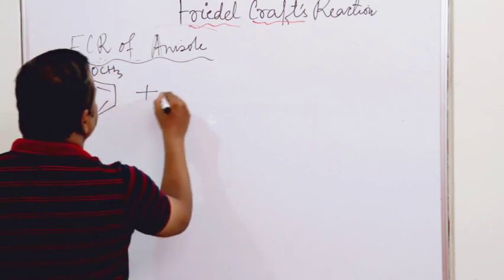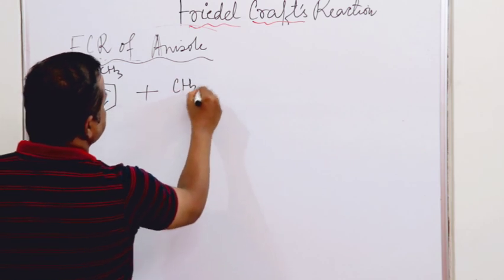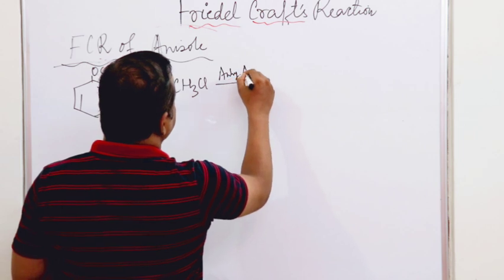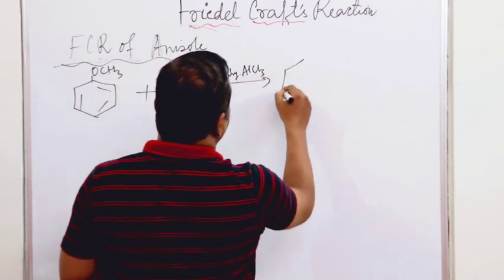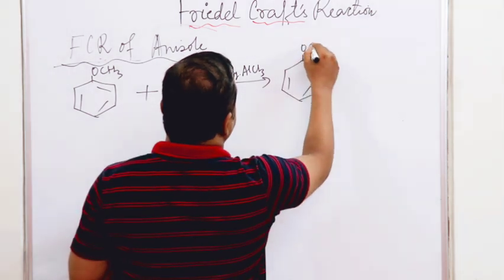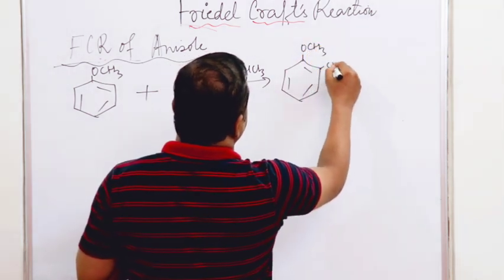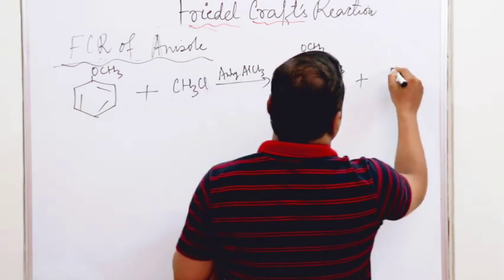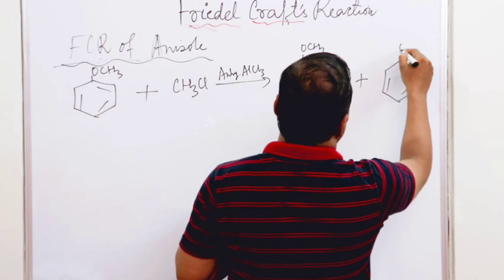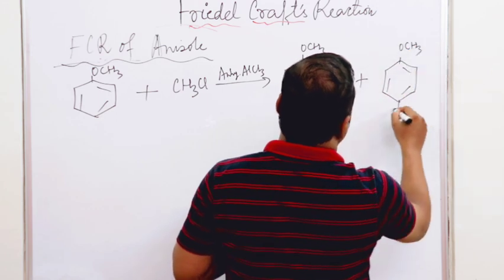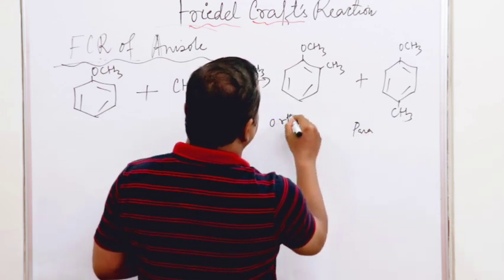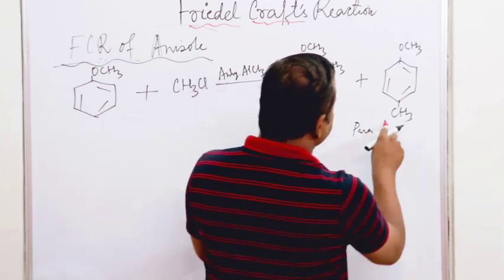I am carrying out Friedel-Crafts alkylation, this is CH3Cl, again anhydrous AlCl3. Again here we will get a mixture of two products, CH3, this is the para, and CH3, this is the ortho. Again this is major.